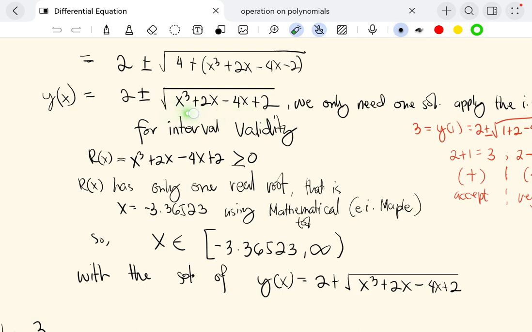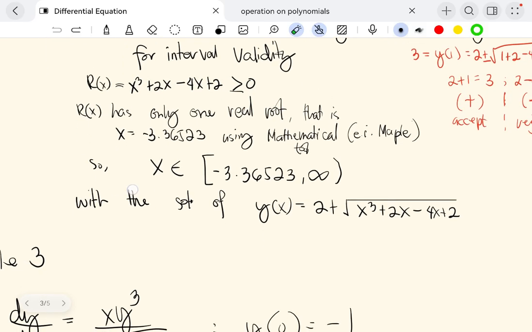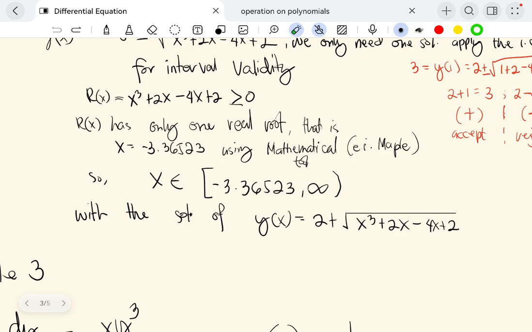So we need to first find the interval of validity. For the square root, the expression inside must be 0 or positive; it cannot be negative, so that we will have a real number. Let this one be r of x. Your r of x must be non-negative.